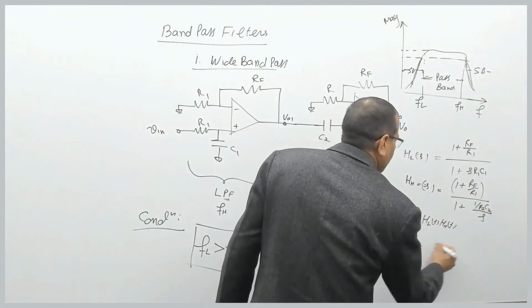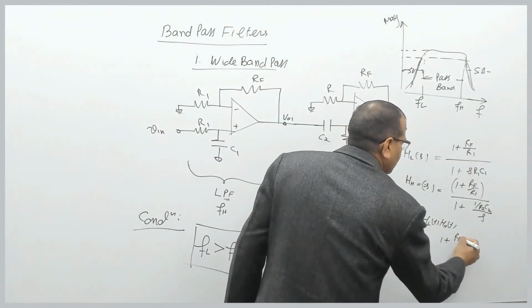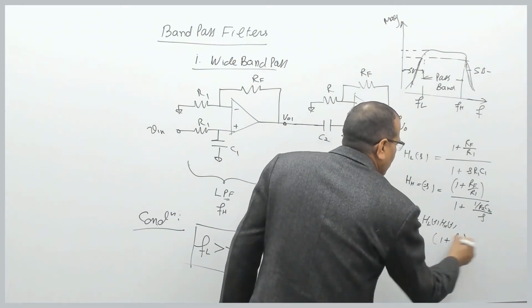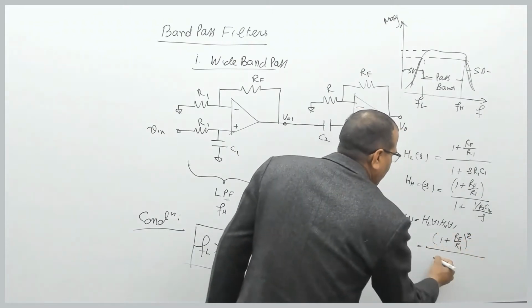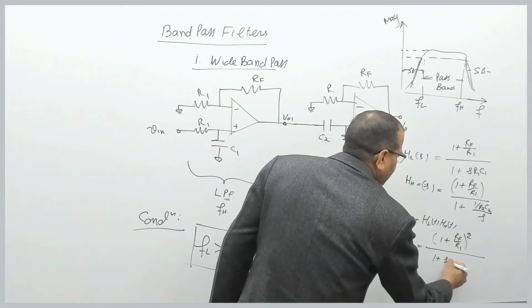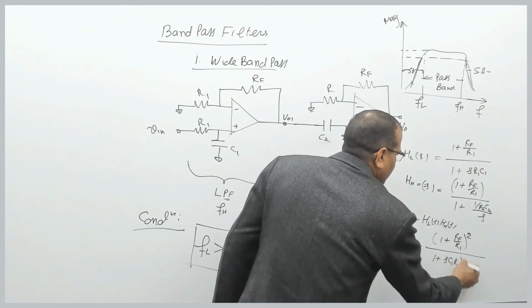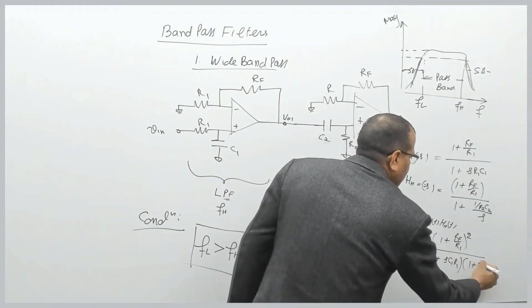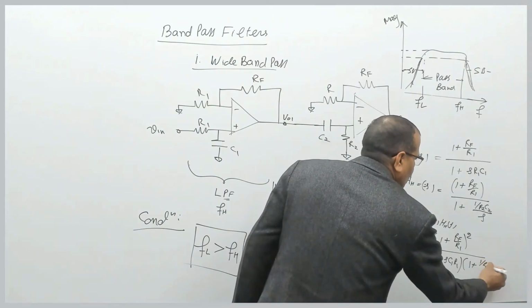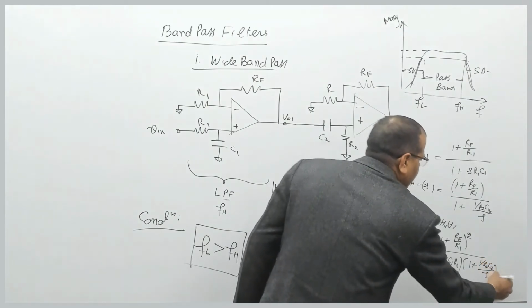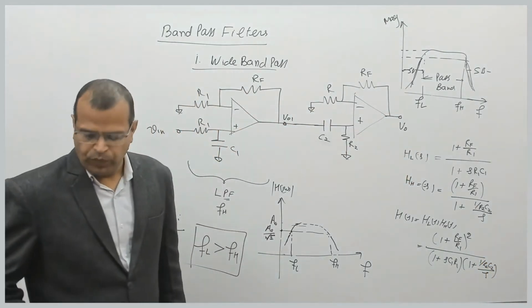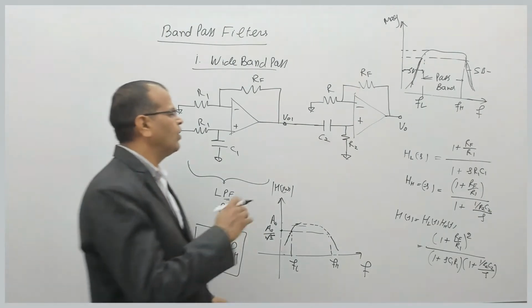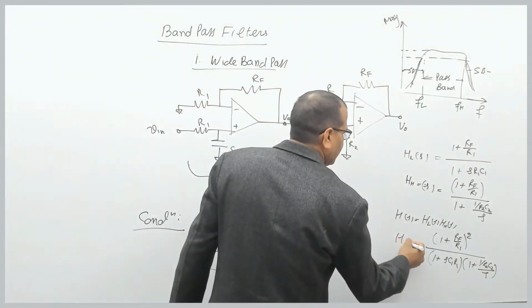So that gives 1 plus RF by R1 whole square divided by 1 plus S C1 R1 into 1 plus 1 by R2C2 S. So this is the overall transfer function of this filter, right?